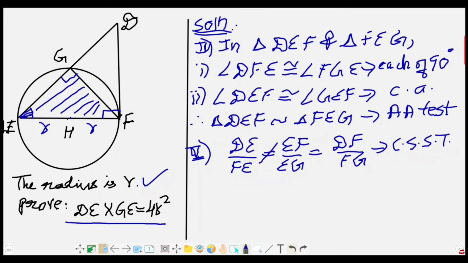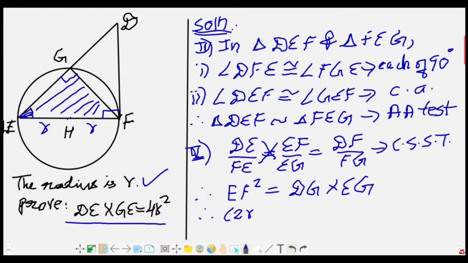Now if I cross multiply the first two ratios, EF into EF, EF or FE, one and the same thing, it will be EF square equal to DE into EG. In the first point I showed that EF is the diameter and the diameter is twice the radius, so instead of this we can put 2R.